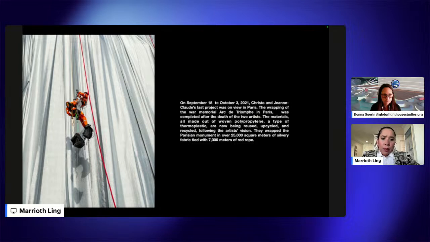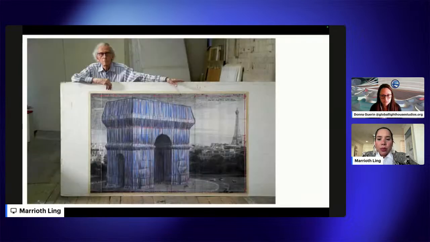So they wrapped the Arc de Triomphe in Paris, and they recycled and upcycled the materials following the artist's vision. They wrapped the monument in over 25,000 square meters of fabric, tied with 7,000 meters of red rope.